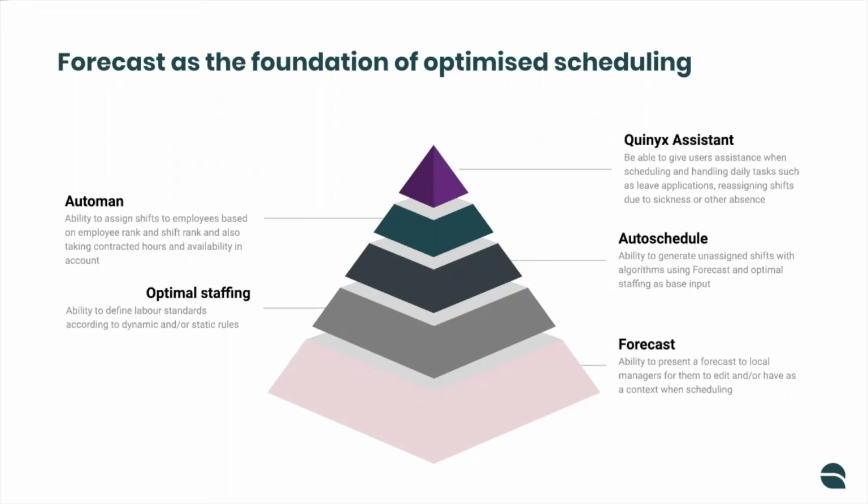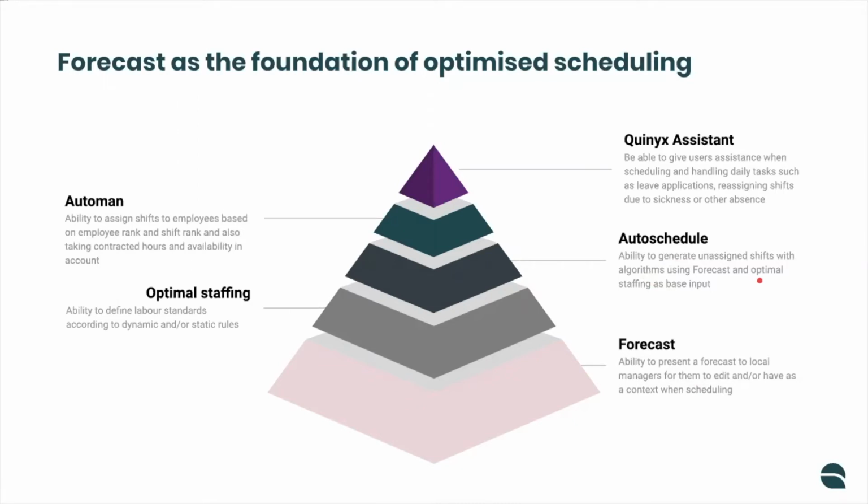That then allows us, within the schedule, to present the data from the forecast and then say, based on that forecast data, what is the optimal staffing level? Above and beyond that, if I know how many people I need per hour, or per 15 minutes, or 5 minutes, which is one of the changes that we'll be introducing or have introduced with Neo Forecasting, the next step in that journey is the actual creation of the schedule.